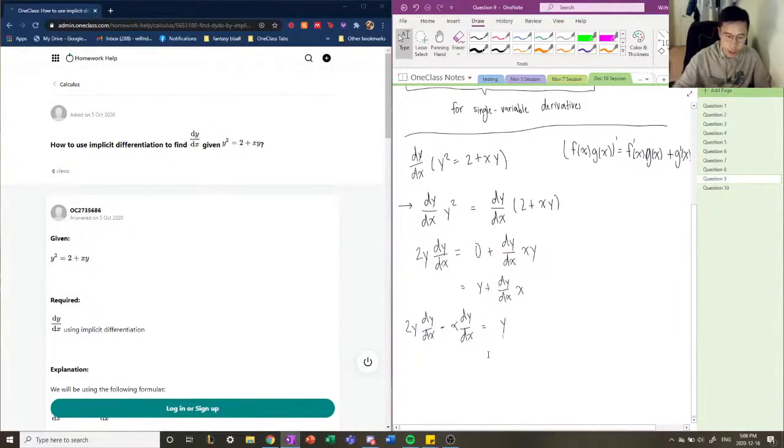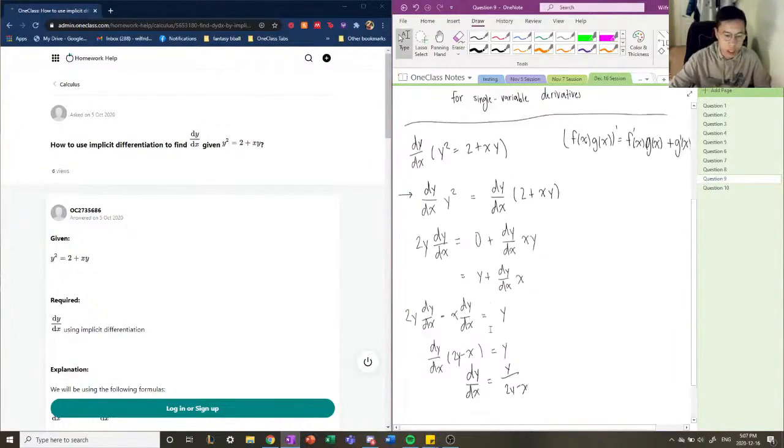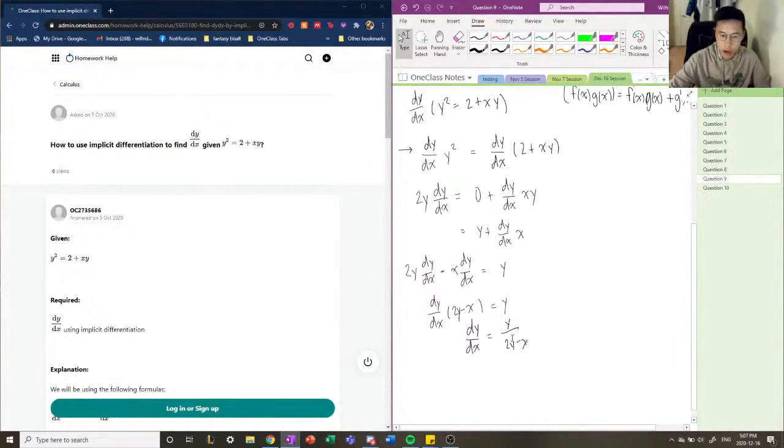Now we can factor out dy dx on the left-hand side, and we get 2y minus x equals y. If we divide both sides by 2y minus x, we get dy dx equals y divided by 2y minus x.